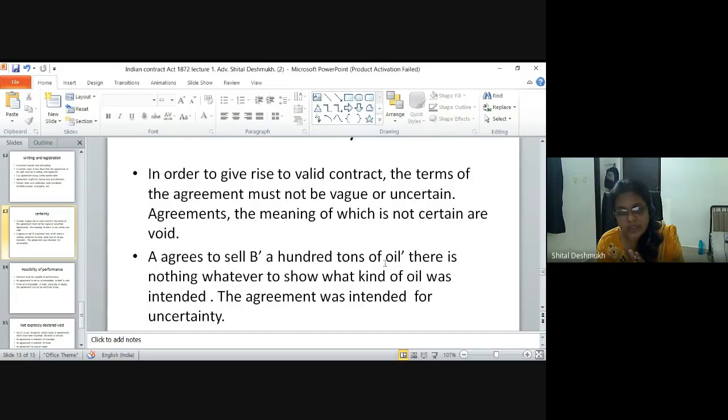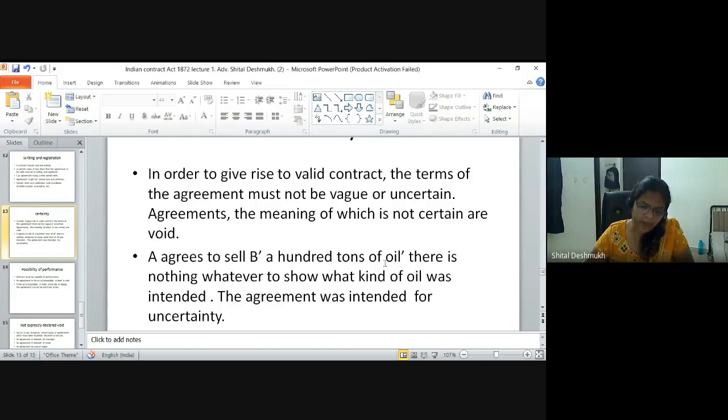It must be unambiguous and clear for a valid contract. So certainty is the main essential requirement of a valid contract.